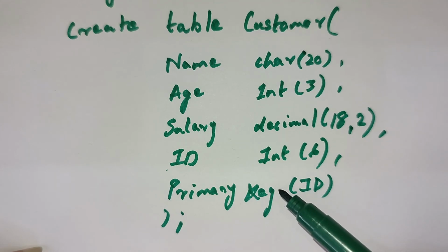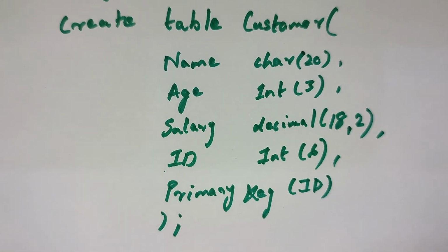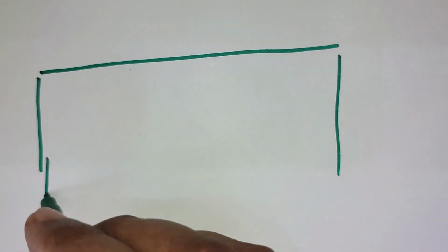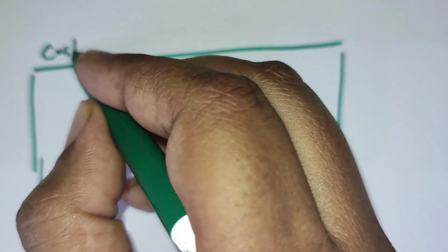If you are going to create the table like this, I'll show you how it will look. If you execute the syntax we have created for the customer table, your table will look like this. It's a customer table, right?